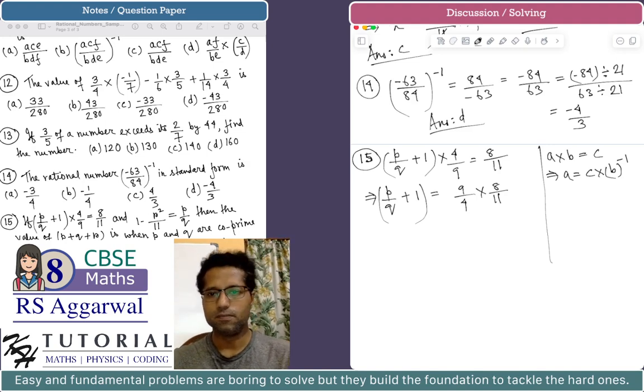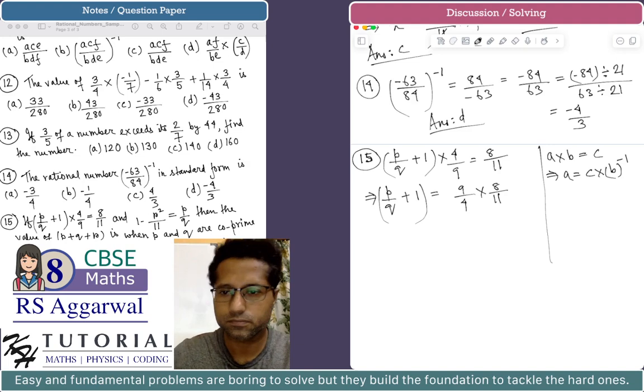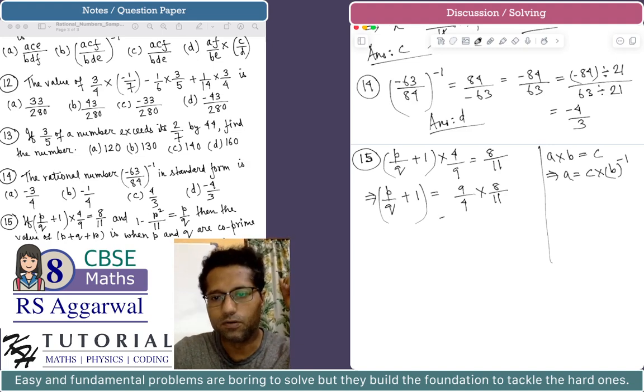So in this problem, I want to find what is P by Q plus 1. So P by Q plus 1 will be equal to the right hand side, that is 8 by 11, multiplied by the multiplicative inverse of the coefficient of P by Q plus 1. The coefficient of P by Q plus 1 is 4 by 9. Its multiplicative inverse is 9 by 4. Now if you do a little bit of cancellation, this is 18 by 11.